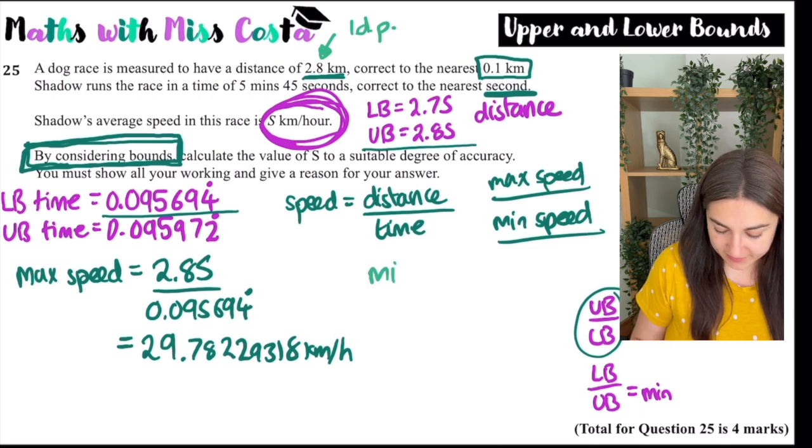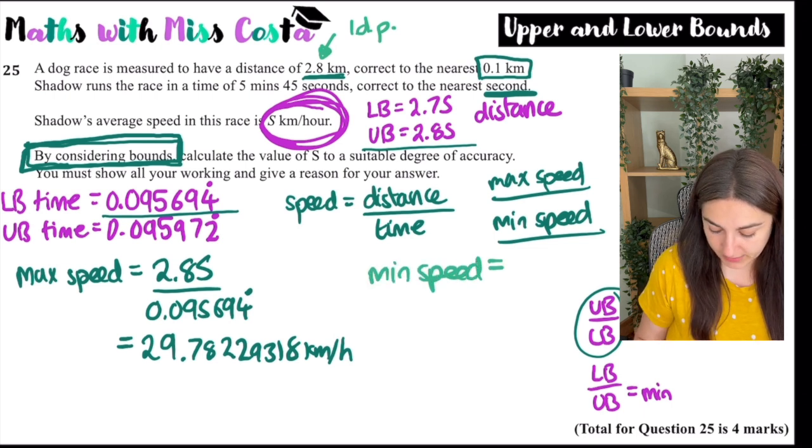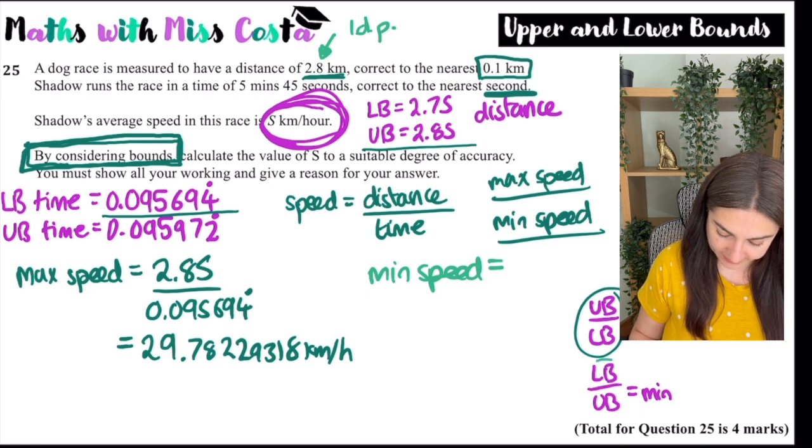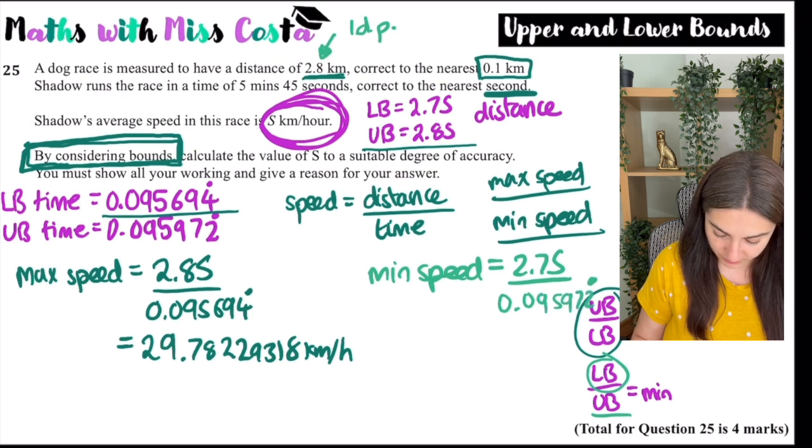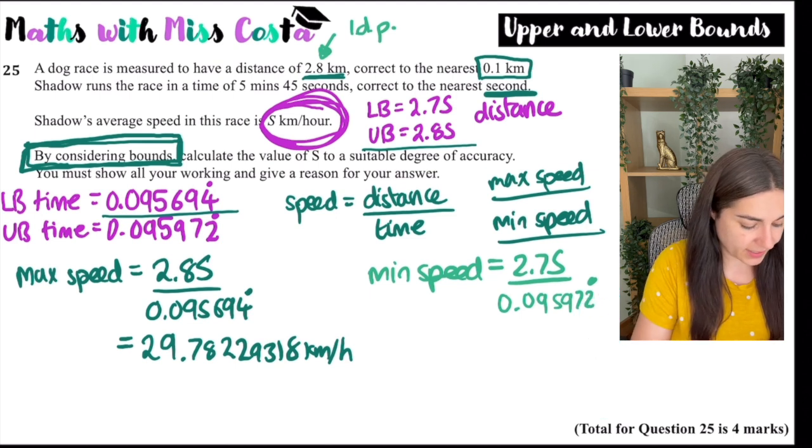So the min speed is, I'd need the lower bound of distance, so that would be 2.75 divided by the upper bound of time, which is 0.095972 recurring. So let's just type that into the calculator. 2.75 divided by 0.095972 recurring.